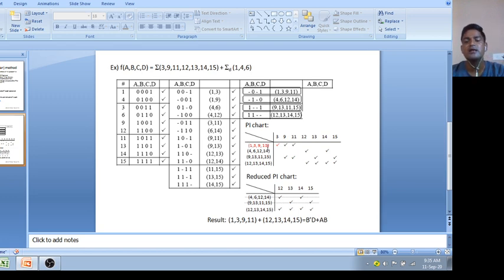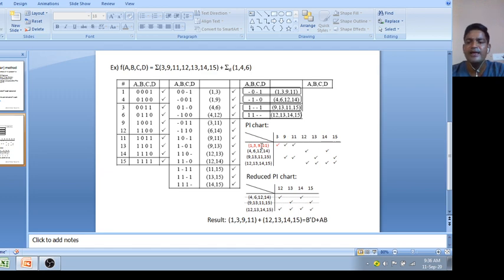It means it is a confirmed essential prime implicant. This is EPI 1 3 9 11. Okay, next no single one. There is no single. Check in column. So till now you have determined only this 1 3 9 11. Okay, this is your EPI.